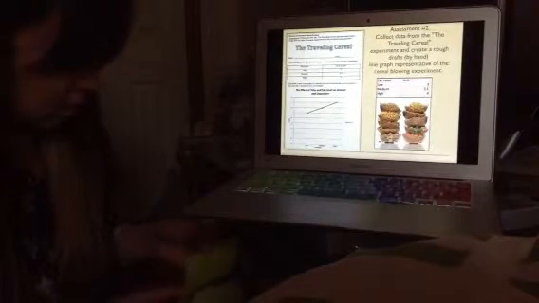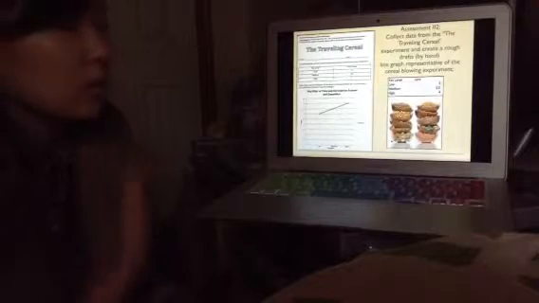For assessment 3 and 4, they're going to apply digital tools to process data and report results. So for 3, they're transferring their information into Excel.